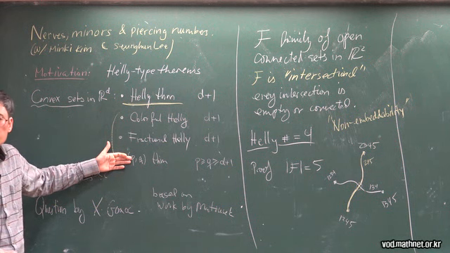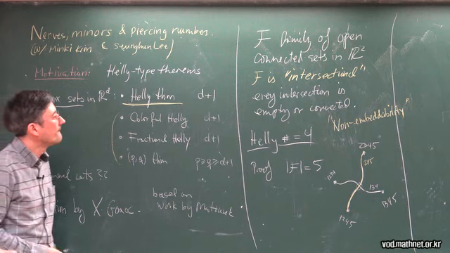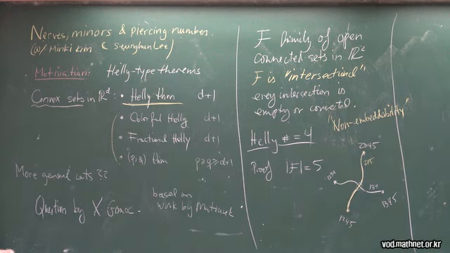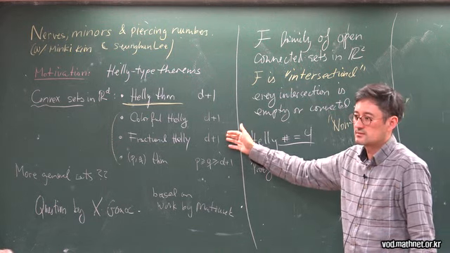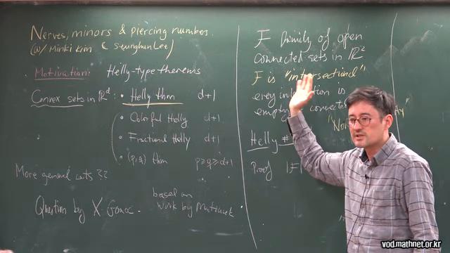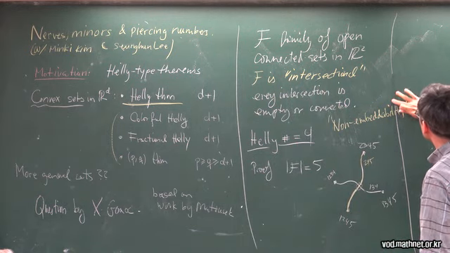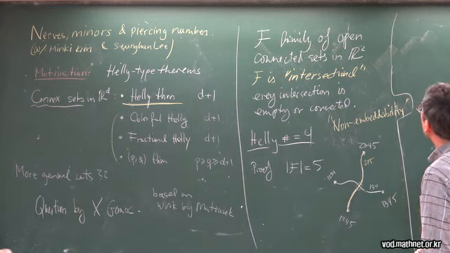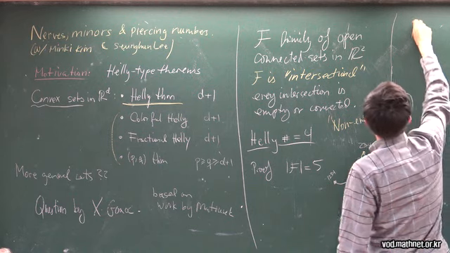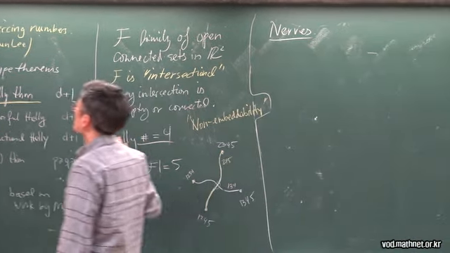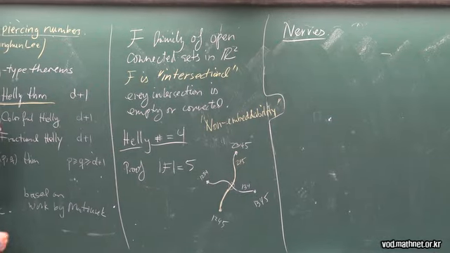That seems to be the problem. So that was our starting point, and so Xavier asked, well, how can we get these kinds of theorems for this general setting here? Okay, so now let me switch a little bit. So this is basically about piercing numbers.